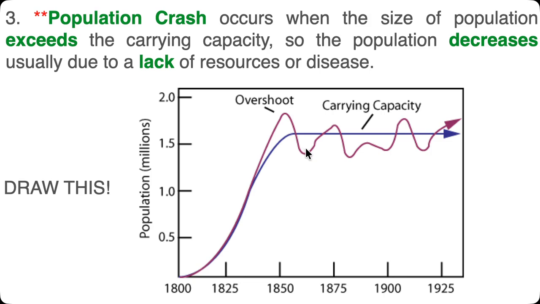But now there's still enough resources, so it causes an increase, okay? And then they overshoot it, and it decreases again, and then it might kind of keep bobbing around. Eventually, it will reach this nice logistic average. But before that, it will overshoot, and then it'll go down, and then it'll reach the carrying capacity, but it'll overshoot again, and it'll go down. And so this is kind of the pattern that we get.